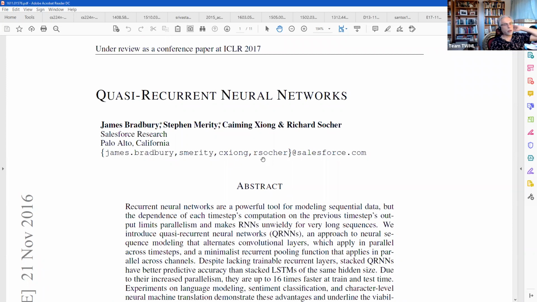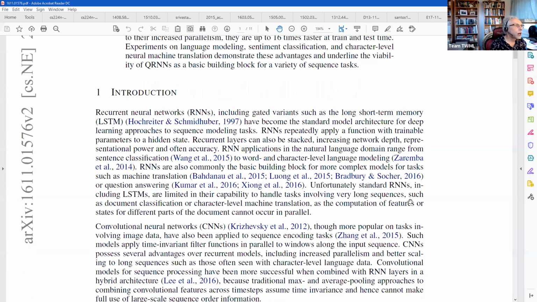Of course, we knew that Facebook and Google and Amazon all have very strong research arms, but now this Salesforce company, which I don't know what their actual business model is, apparently they have a really strong research arm too. And they invented this quasi-recurrent neural network.